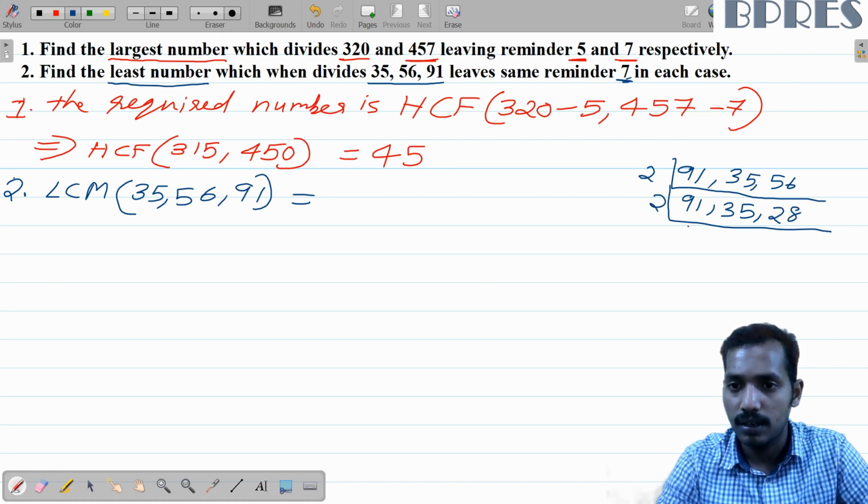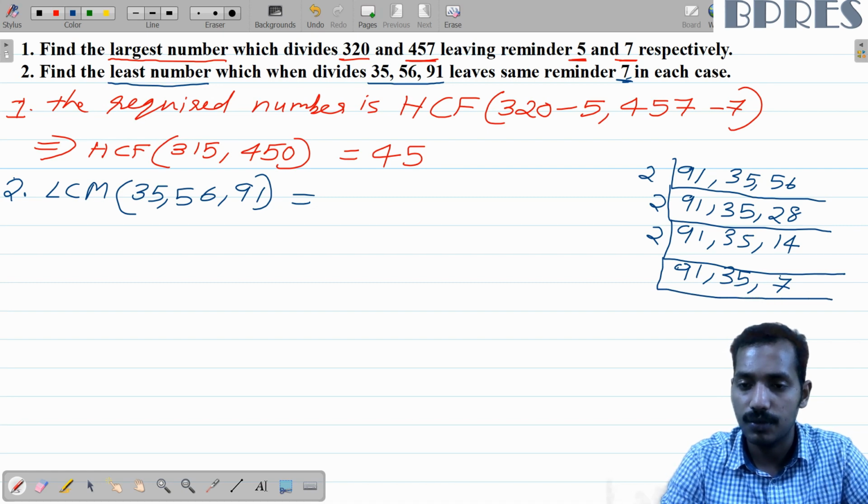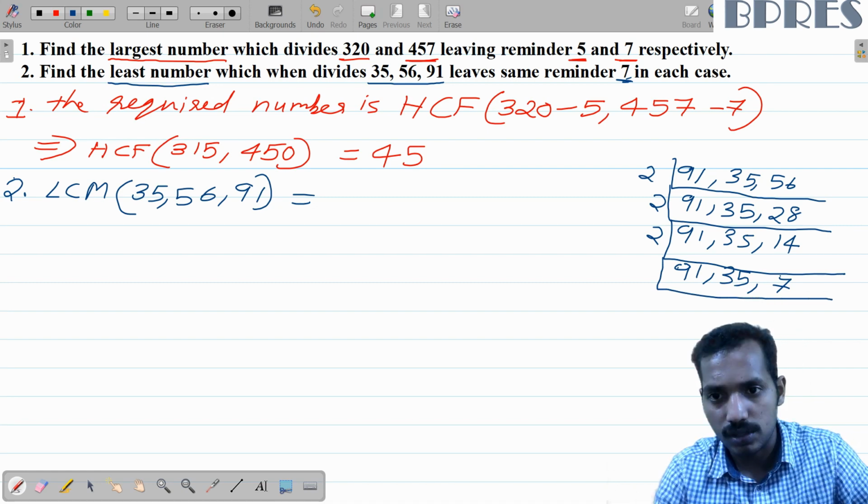Again by 2: 91, 35, and 14. Again divided by 2, we get 7. Clear? Now let's divide this by 7, so we get 13, 5, then 1.